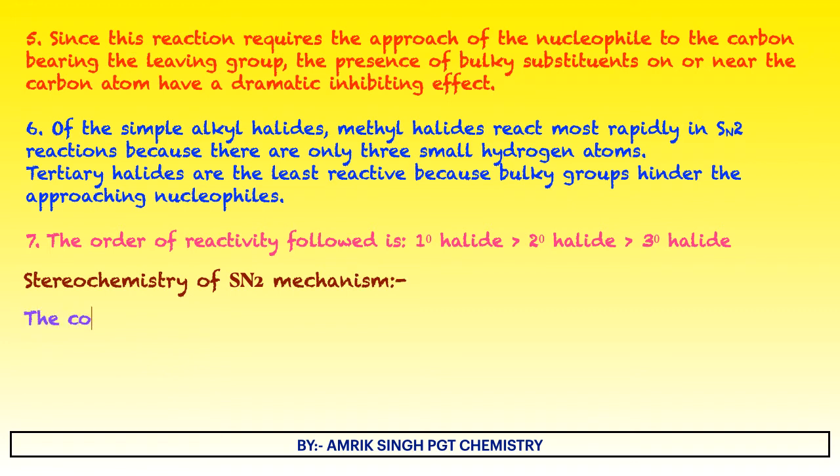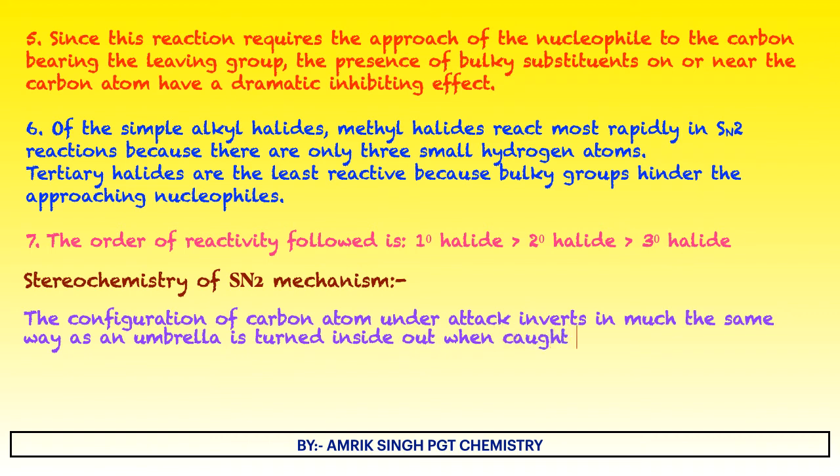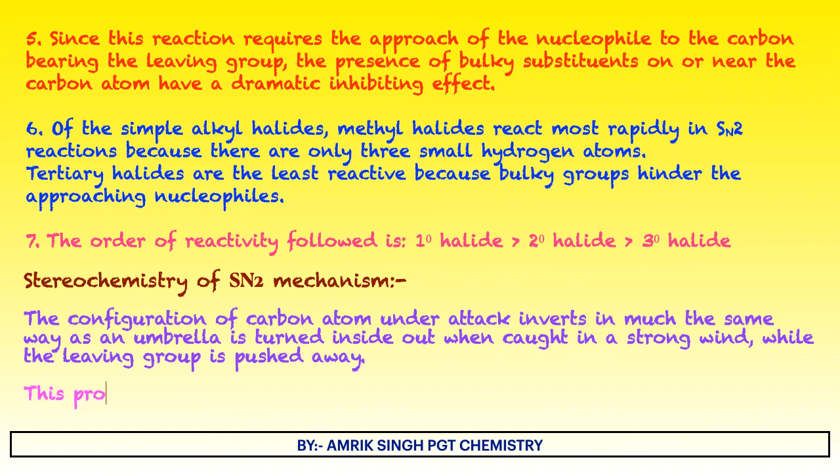Now we discuss the stereochemistry of the SN2 mechanism. The configuration of the carbon atom under attack inverts in much the same way as an umbrella is turned inside out when caught in a strong wind, while the leaving group is pushed away.